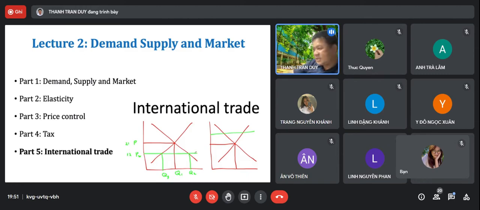But anyway, in this situation, if we freely open and import a lot, who gets the benefit? Consumer, producer, government. Who gets benefit from import when the world price is lower than our price? The consumer, right? And if the world price is higher than our price, we should export.